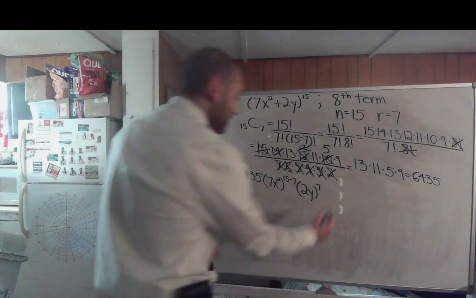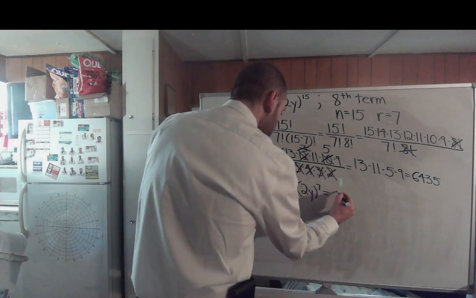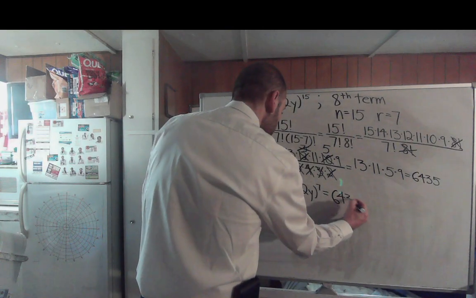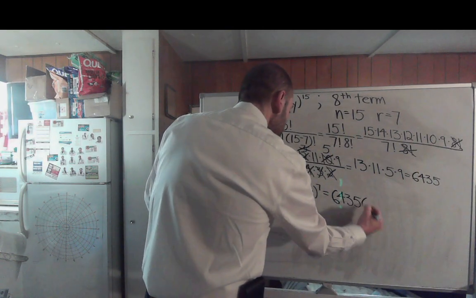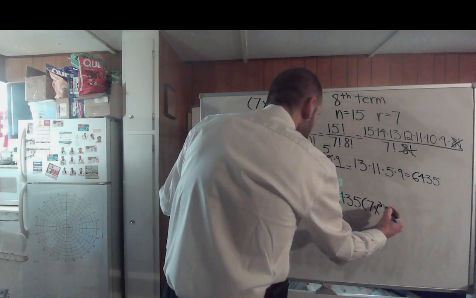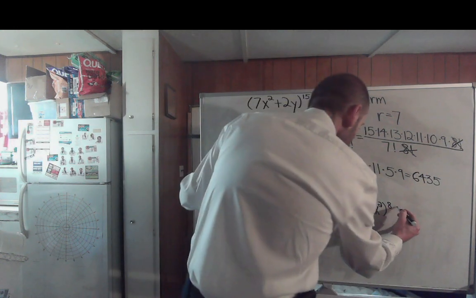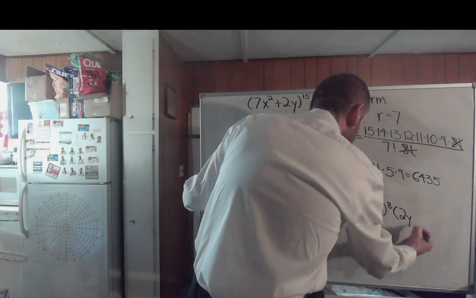Alright, so let's go ahead and do this here. This is just going to simplify into 6,435 times that 7x squared, that whole quantity raised to the 8th power, times that 2y raised to the 7th power.